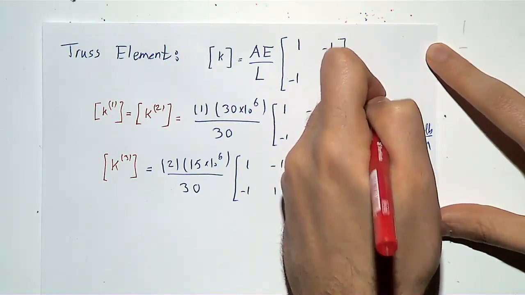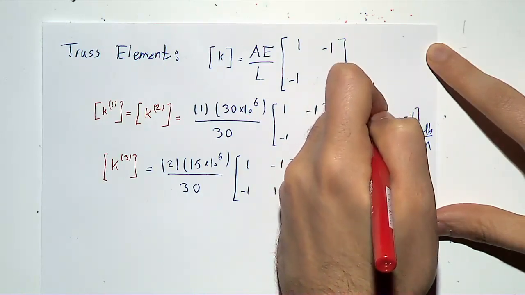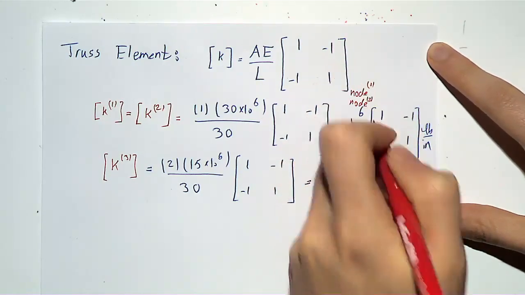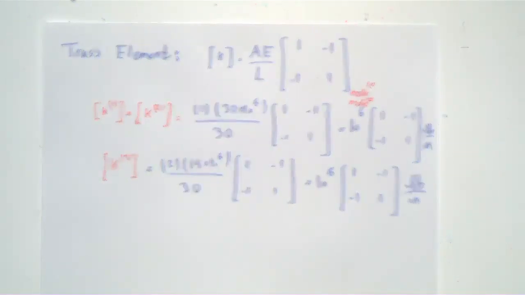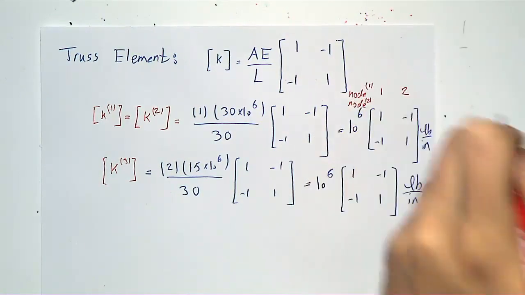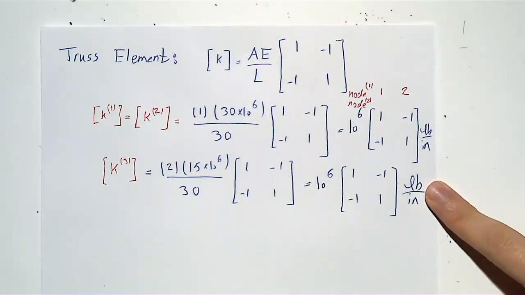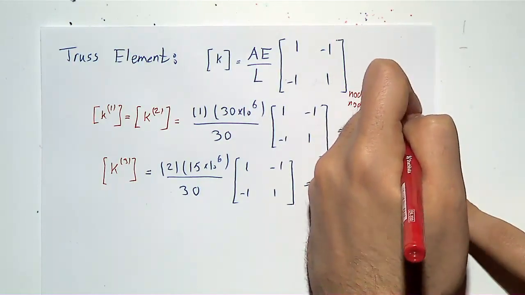So if I want to determine the corresponding nodes in each element, for element number 1, the nodes are node number 1 and 2. So this is 1, this is 2. And for element number 2, the nodes are 2 and 3.